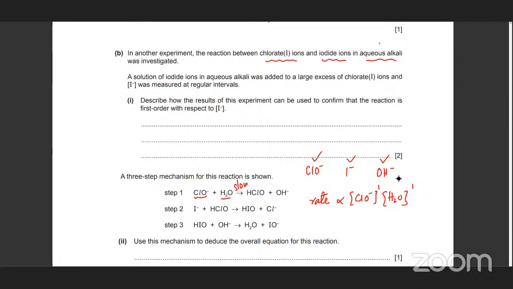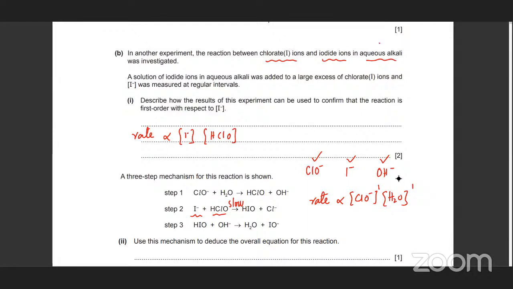Now, what if the second step was the slowest step? What would the rate depend on? The rate would have depended on I minus 1 concentration and the HClO concentration.